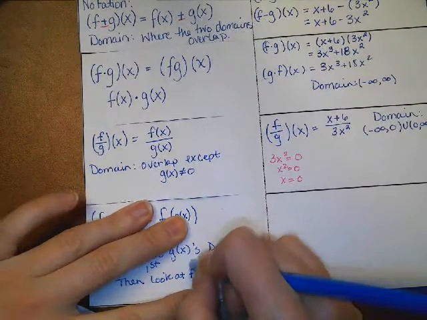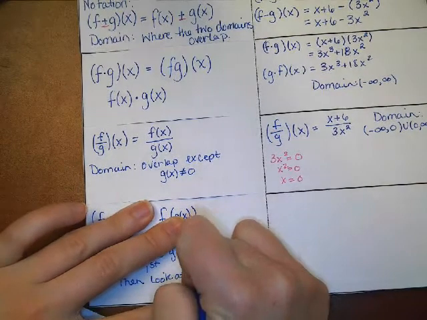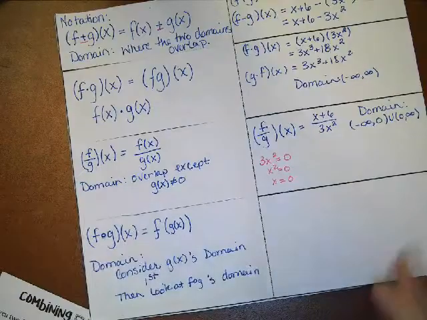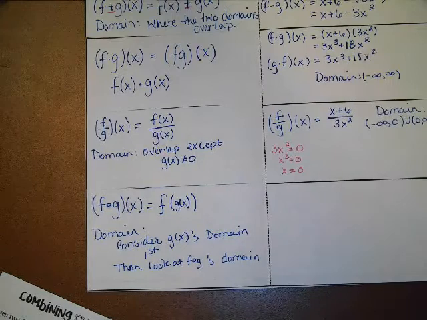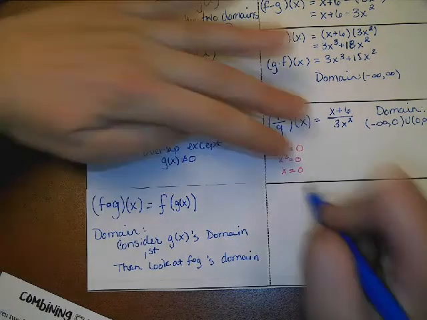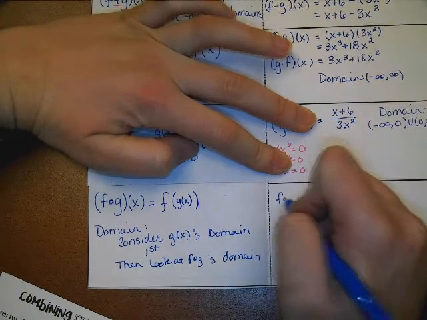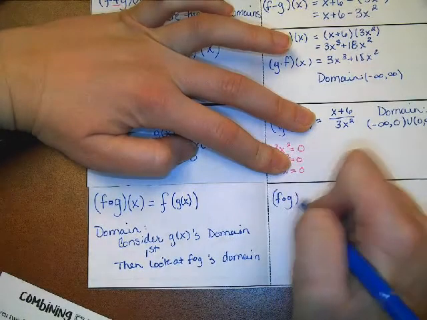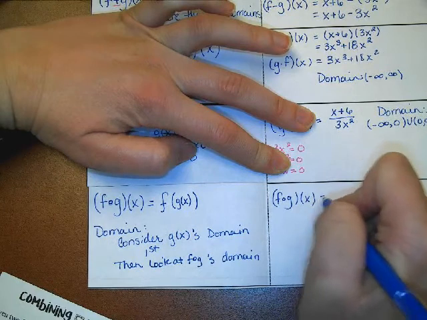Does that make sense? So consider G of X's domain first, then look at f composed with g of x's domain. Where those two overlap, that will be the domain for the composition.